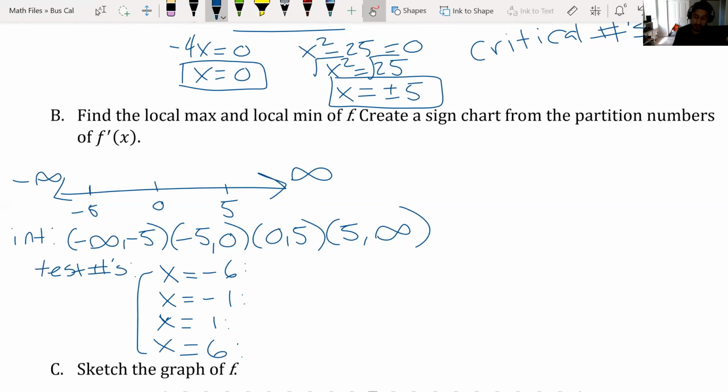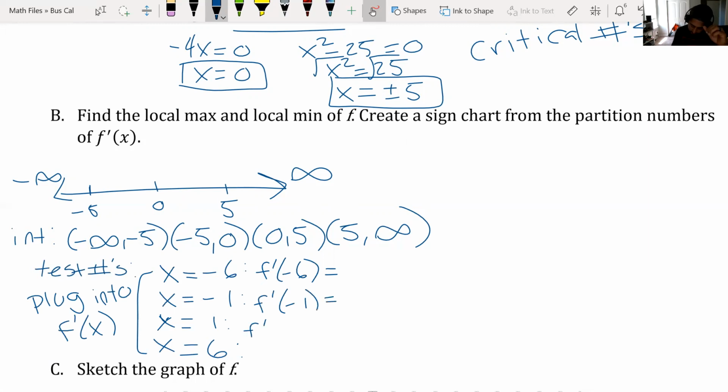And where do we plug these into? The first derivative. So f prime of -6, f prime of -1, f prime of 1, f prime of 6.